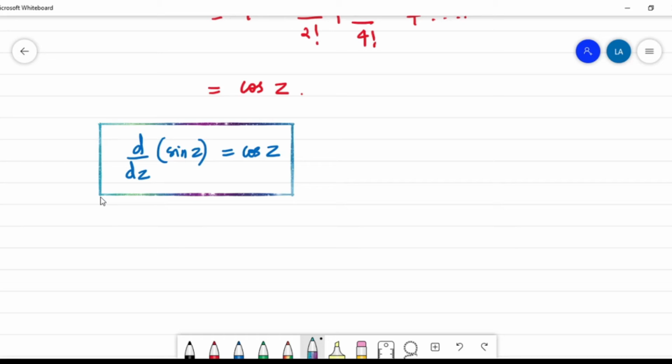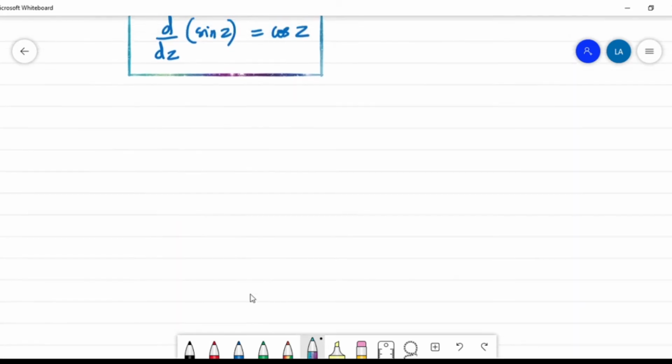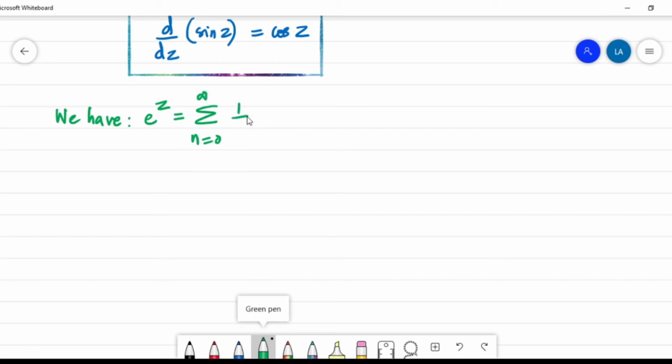Now again let's connect these trigonometric functions with the exponential function. Let's start with the exponential function we defined. We have e raised to z equal to the summation n equal to 0 to infinity of 1 by n factorial into z raised to n.